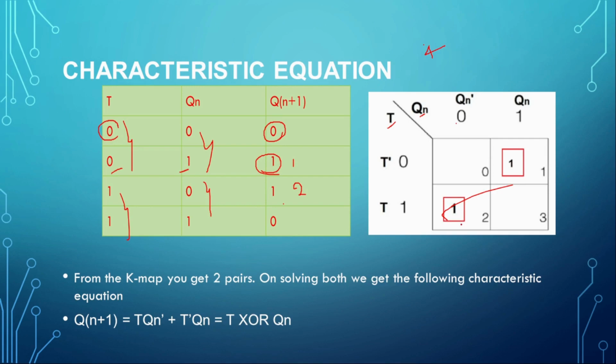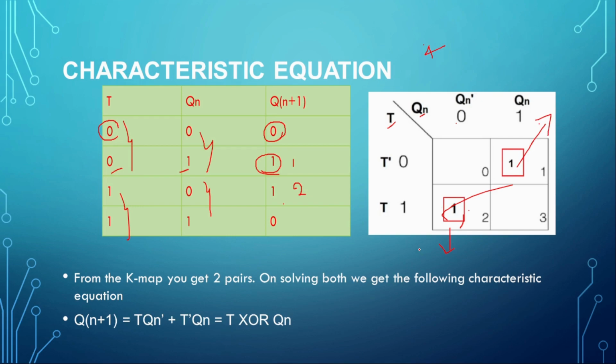So we can do the two grouping here because the ones are placed in the diagonal position. If the ones are placed in vertical or horizontal, we can connect the two ones in one group. But it is in diagonal, so we can't group both ones in a single group. That's why here we need to form two groups. One is this and another group is this.